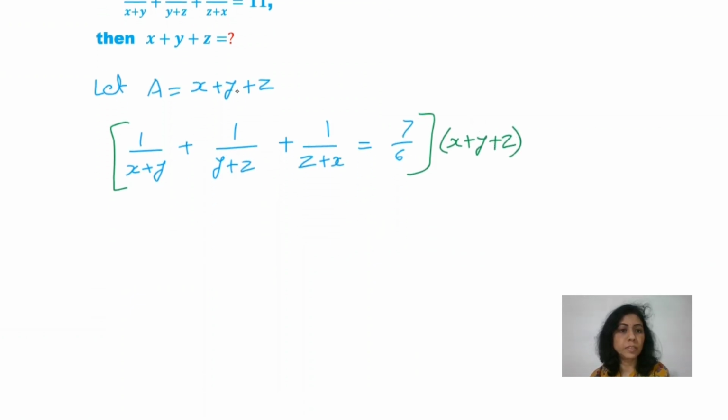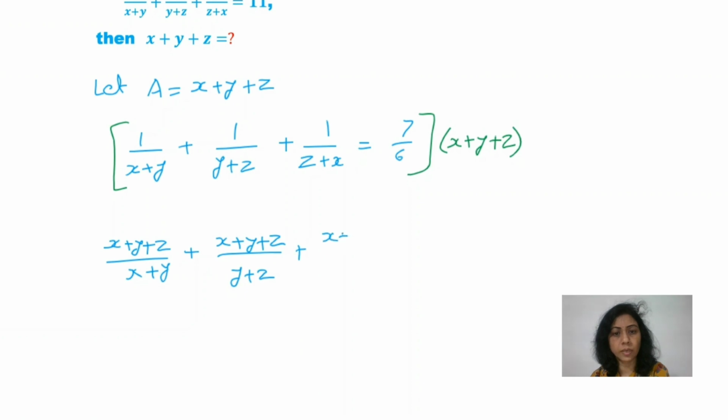x plus y plus z multiplied with 1, so this is x plus y plus z divided by x plus y, plus x plus y plus z divided by y plus z, and x plus y plus z divided by z plus x. And here multiply 7 with 7 upon 6.